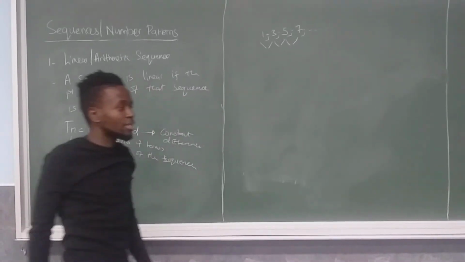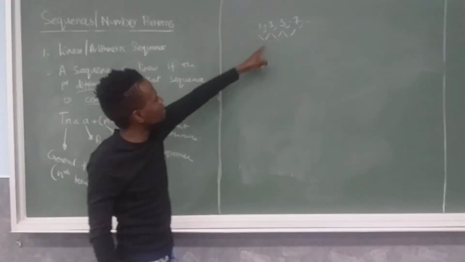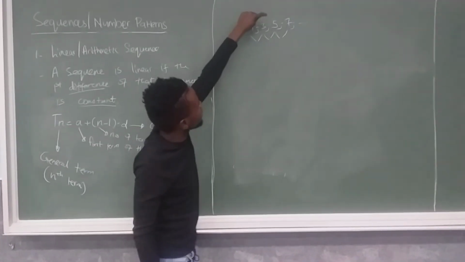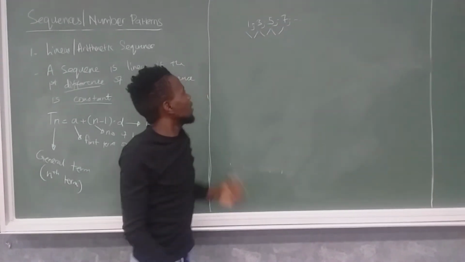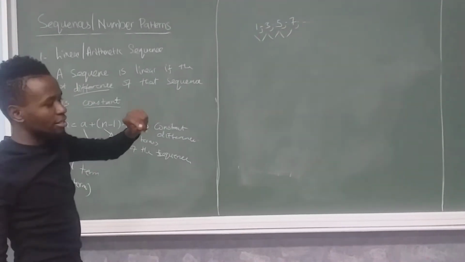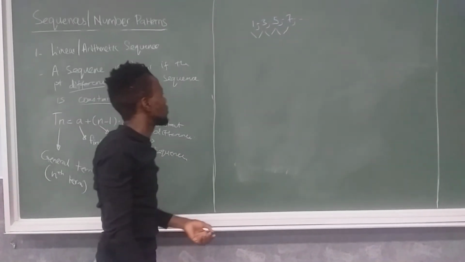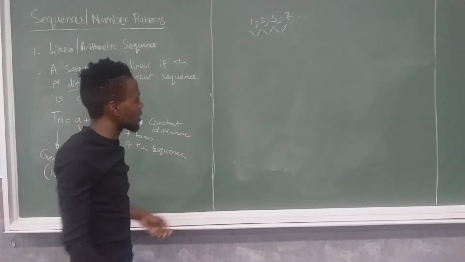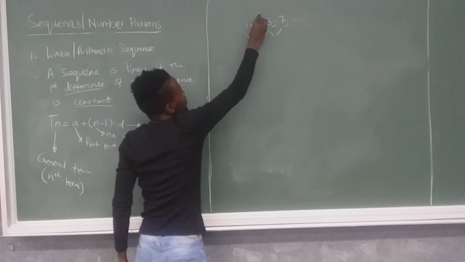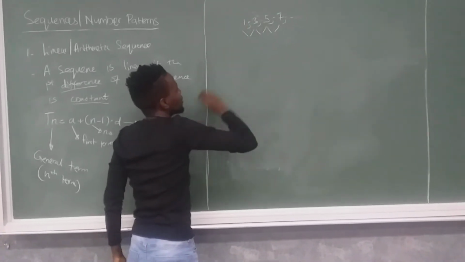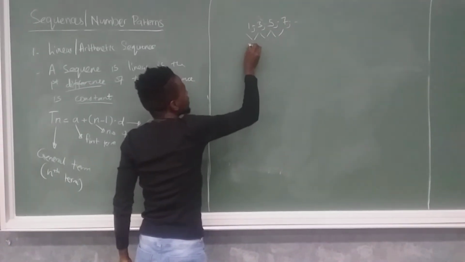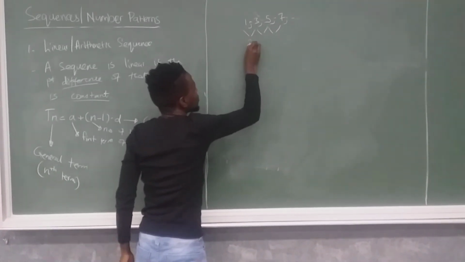Okay, we calculate the difference by using term numbers. Remember we have term number 1, term number 2, term number 3, term number 4, term number 5, 6, 7, 8, 9, until the nth term. So to find the difference, we say term number 2 minus term number 1. That is 3 minus 1, which is 2.